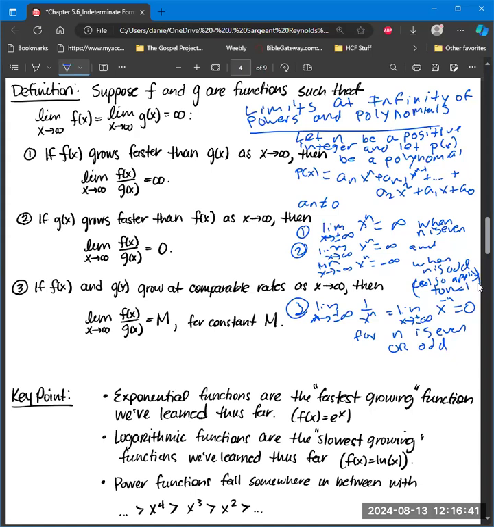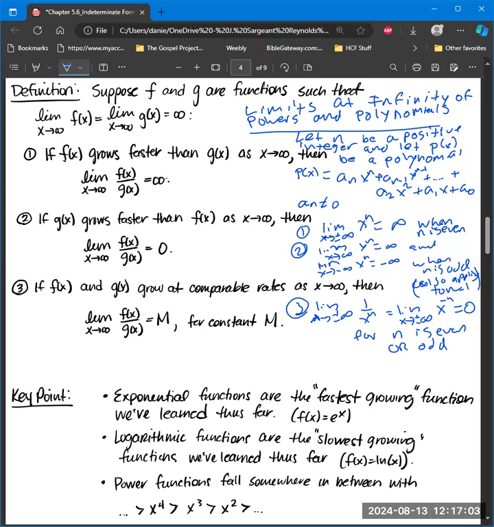They're just reminding you of your rules from pre-calculus here. And we talked about how fast things grow, that if the degree of the top is greater than the degree of the bottom, it's going to go to positive infinity.